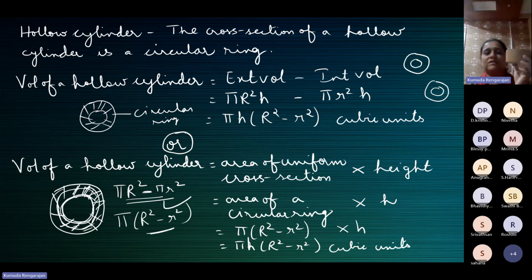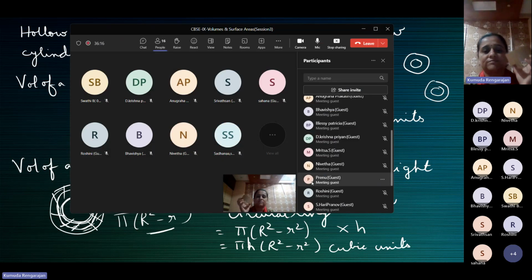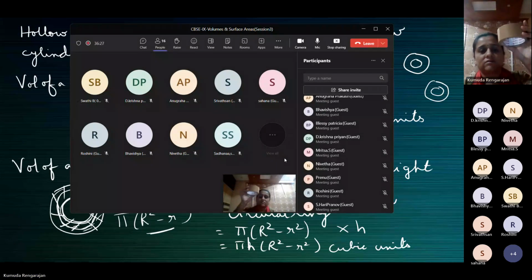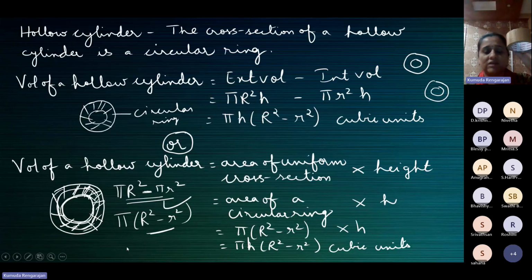You can just imagine that this is originally a solid cylinder. Solid cylinder meaning there's material here also. So the volume of this solid cylinder is pi R square h.